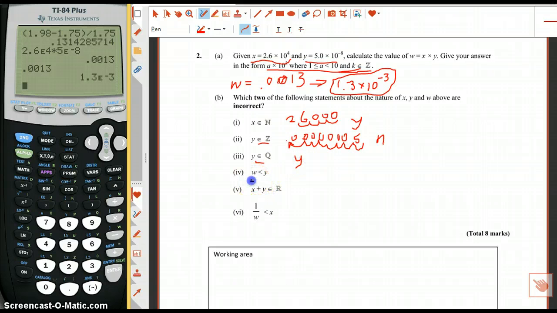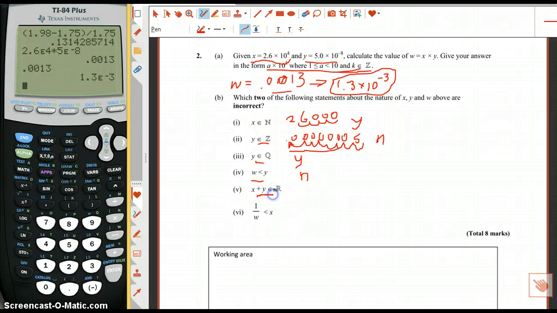Yes. Is w less than y? Well, let's see. W is a pretty small number, 0.0013. Is it smaller than this number, 0.000005? No, doesn't look like it. Okay. Y is small, but W is small, but Y is really small. Okay.